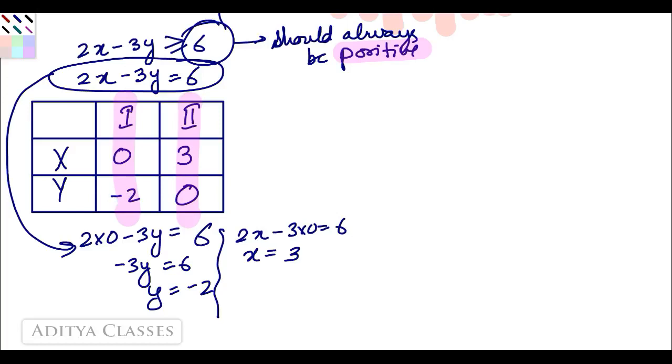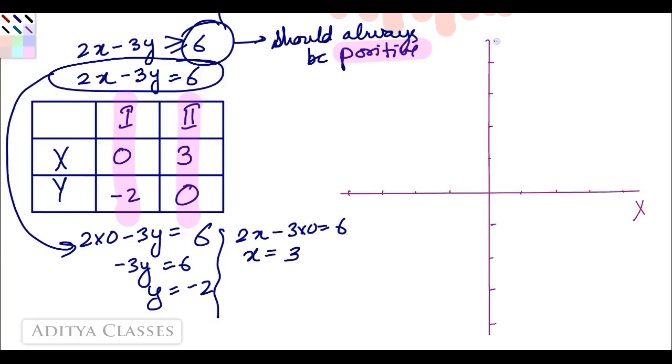Now this time we have certain negative values also. So we'll have to take our coordinate system a little differently. Let us go ahead and plot it. So this is x and this is y. Now if you remember from your early days of schooling, these are minus x and minus y.